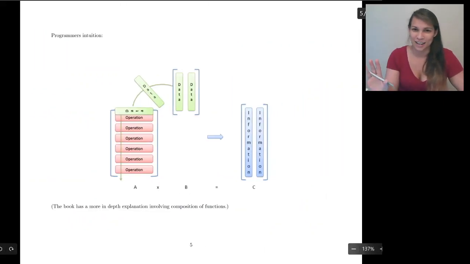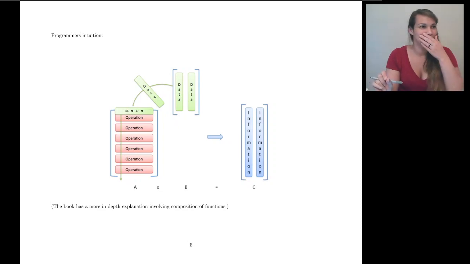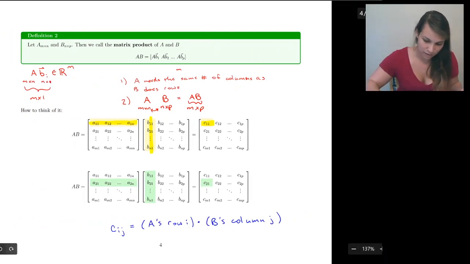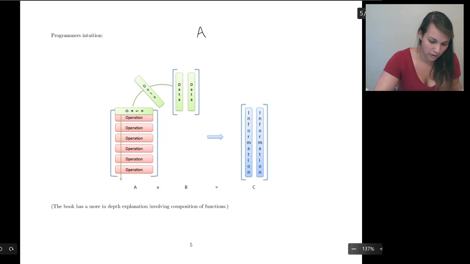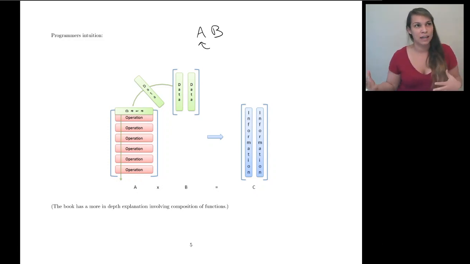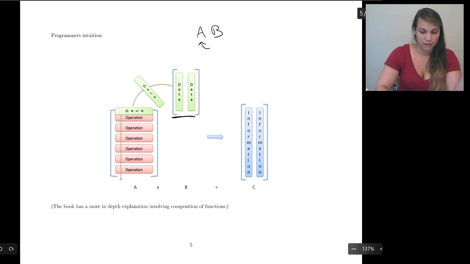Oh, but I did have this really cool application for intuition from a programmer's perspective. Remember, when you have A times B, we spent a lot of time using A to represent systems of equations. And then the vector X would be whatever input we want for those systems of equations. So if you line up a bunch of them, that just means, essentially for a computer, a bunch of data.